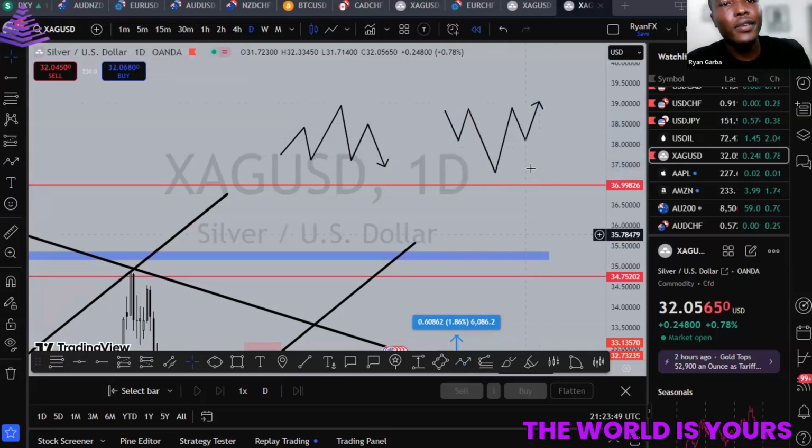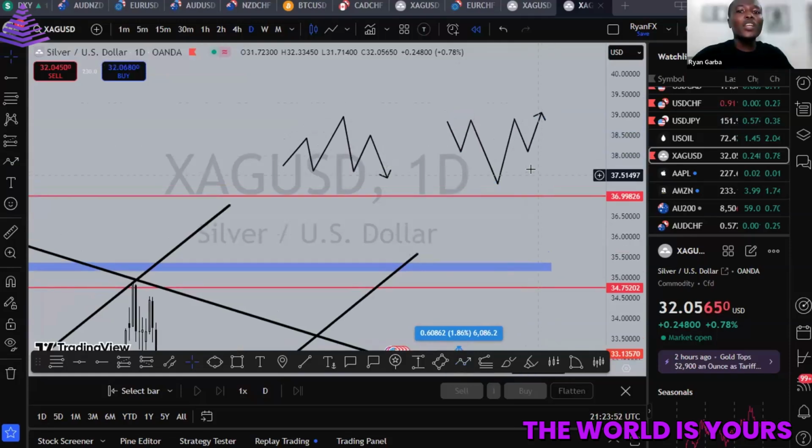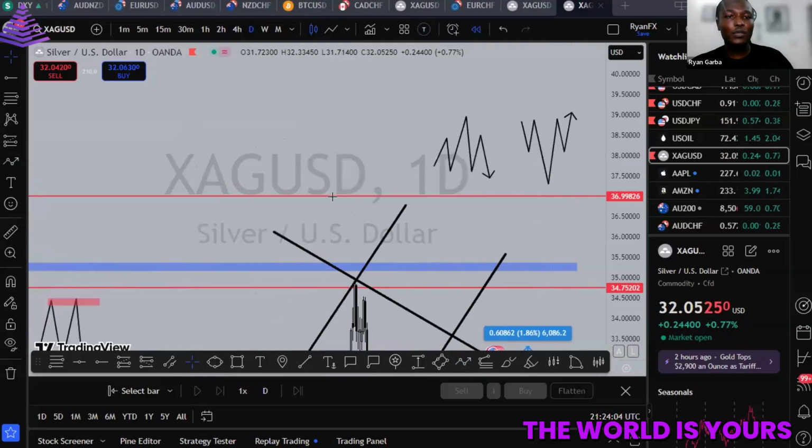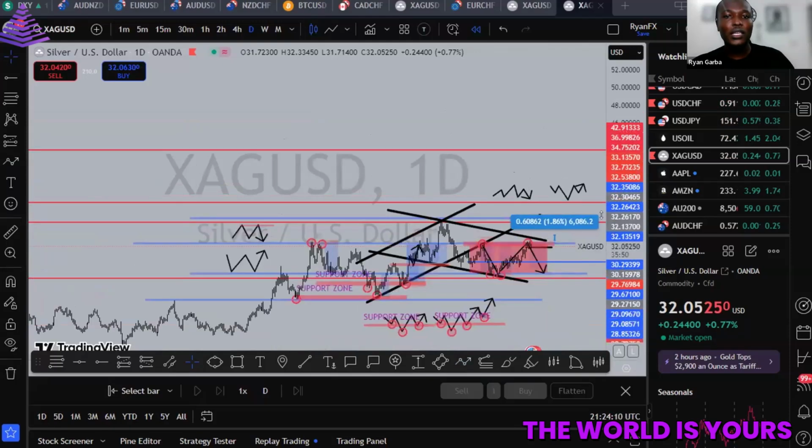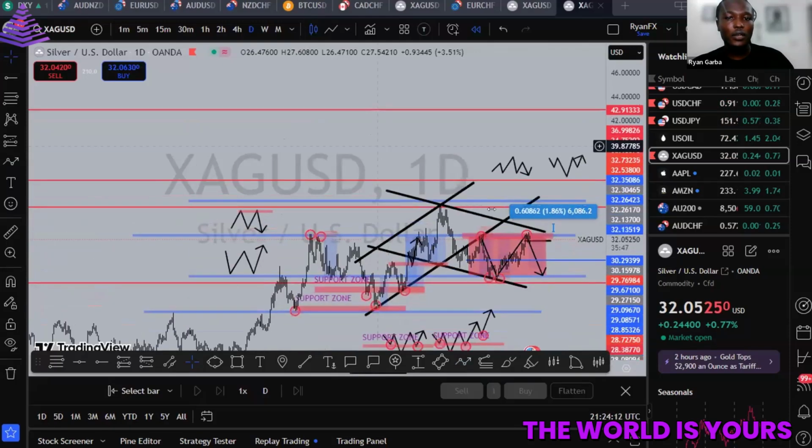Guys, are you there? So we literally looked at this, and we are here to look at this. Let me see if I can spot one on this same silver. Today we are just doing silver. I don't want us to look at anything else apart from silver.